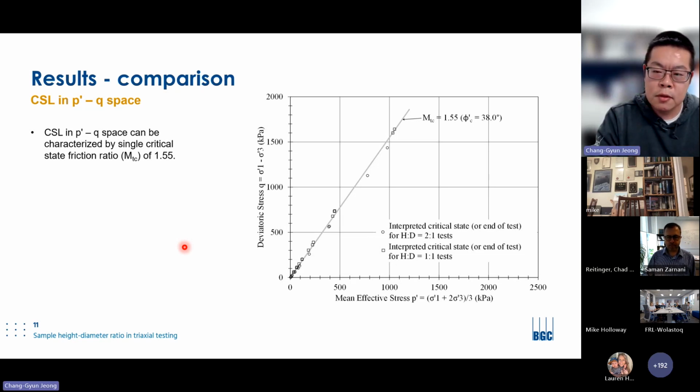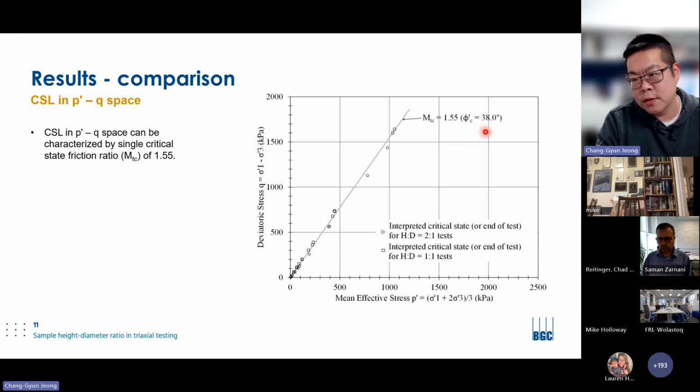This plane is generally used to look at the frictional critical state strength, and I plotted all test results together, similar to before. As you can see here, the critical state line in e-p space and in p-q space can be characterized by a single critical state friction ratio of 1.55, which corresponds to a friction angle of 35 degrees.